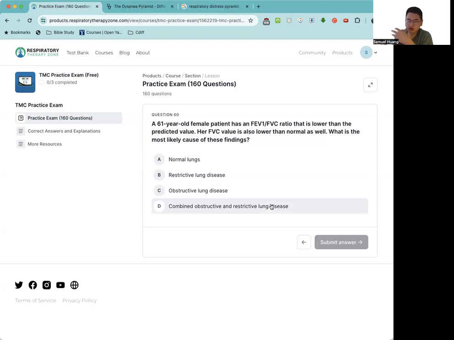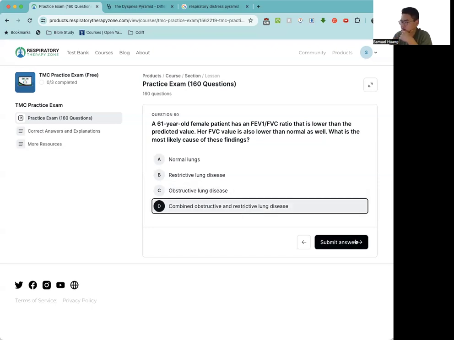In restrictive pattern, you can blow everything out really quickly, so your FVC is low. So when you have a patient that not only can you not blow out, but you can't keep anything in, nothing goes out, nothing comes in. You have both combined obstructive and restrictive pattern. All right, nice.